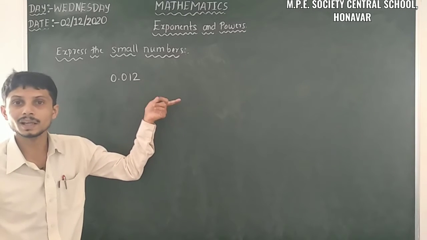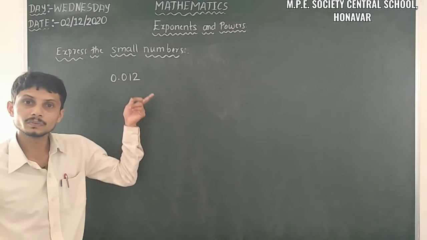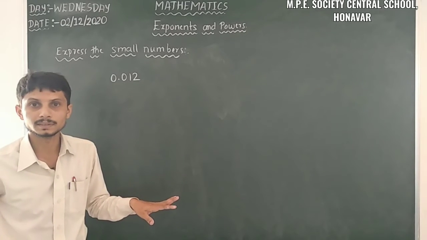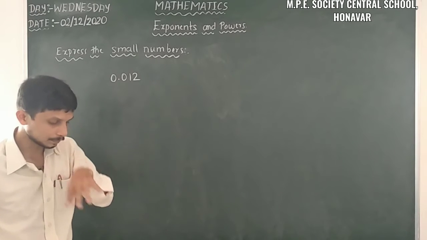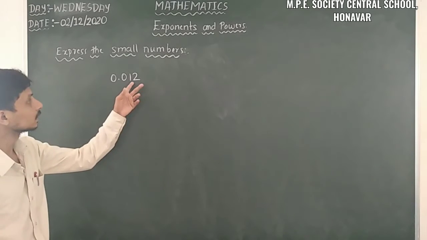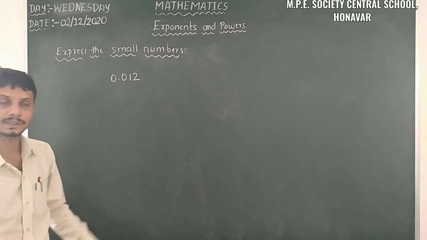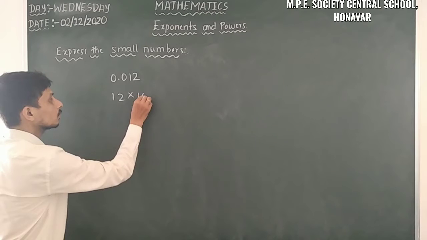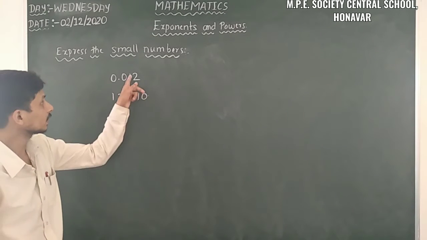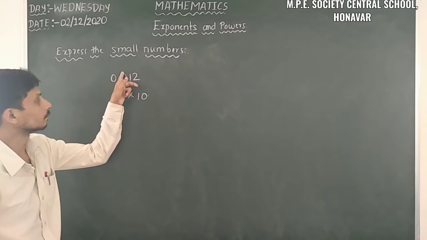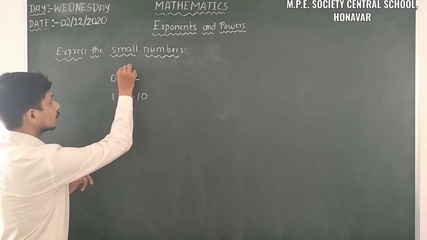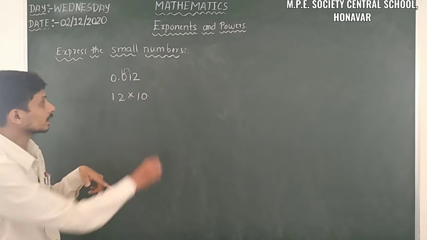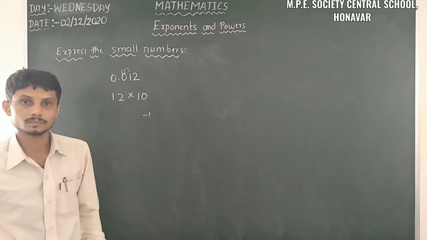We can take 12, but we have to multiply it with some exponent. That means here we have to take negative exponents. Here we have to jump 1, which means we take 10 raised to minus 1.